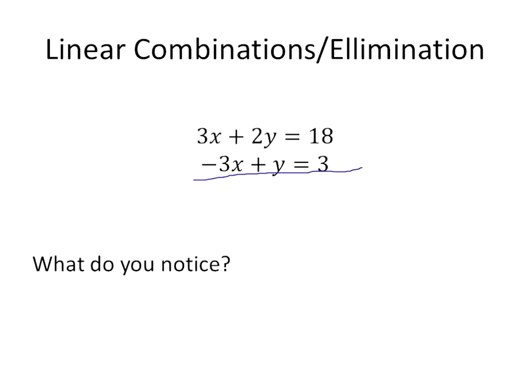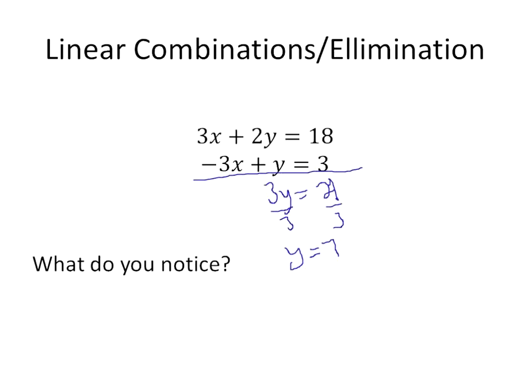That makes 0 x's. 2y plus 1y gives me 3y's. And then I get 21. And I divide both sides by 3, so I can solve for y. And of course, then I have to go back and solve for x as well.